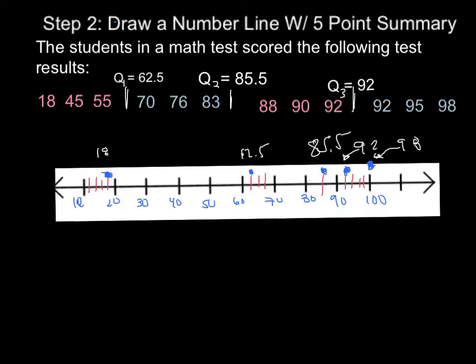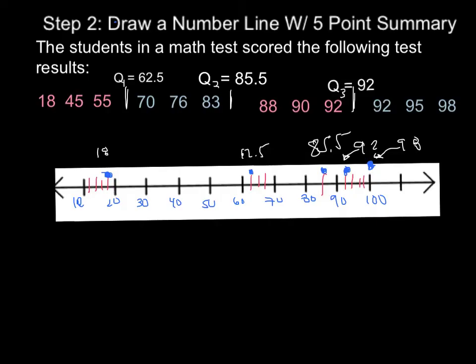My lower extreme being over here, 18, my quartile 1 number 62.5. Yes, that says 62.5. These styluses are not easy to write with. 85.5, just slightly to the right of the 80 and the 90. 92 and 98.